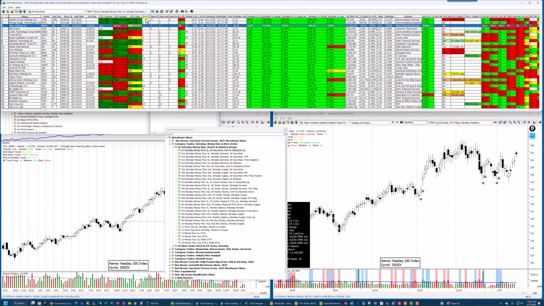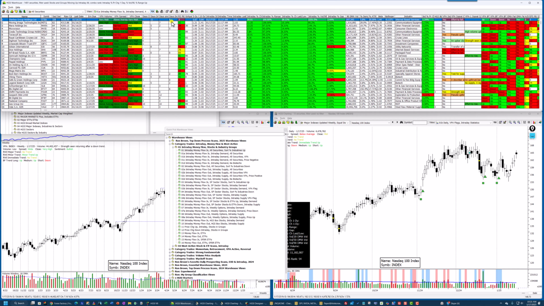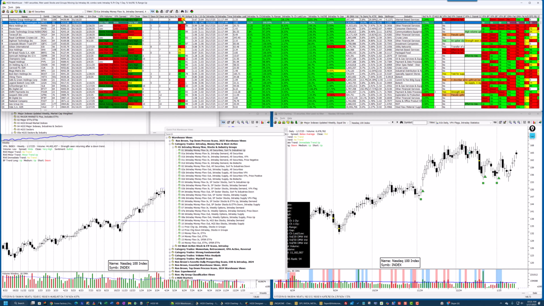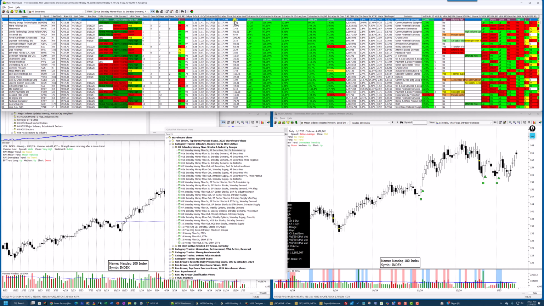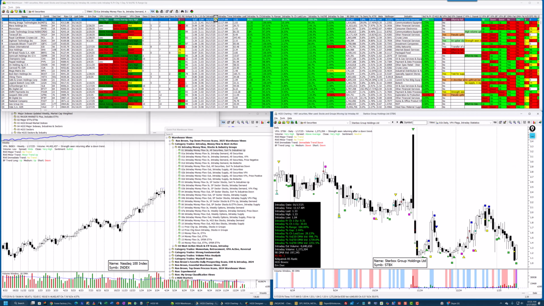But if we look across here, you can see that it's been negative, the 3 below the 6 for 12 days, and the VPOC for 7 days has an RS rank of 3, and it's a $1.33 stock. So you need to look at all this other information, but I'm going to bring it up anyway.